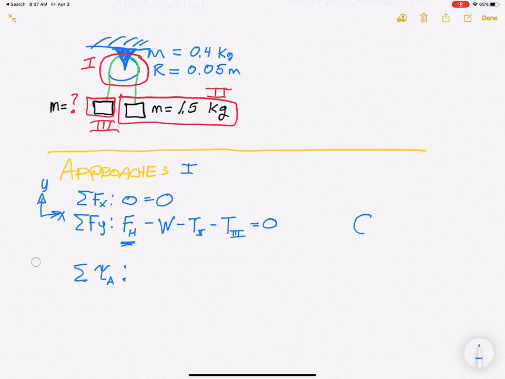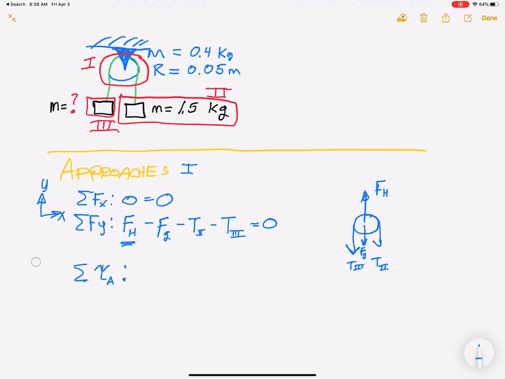So pulley, tension from 3, tension from 2, the force from the hanger, and of course everyone's favorite force of gravity, which I suppose is what I should have called that.